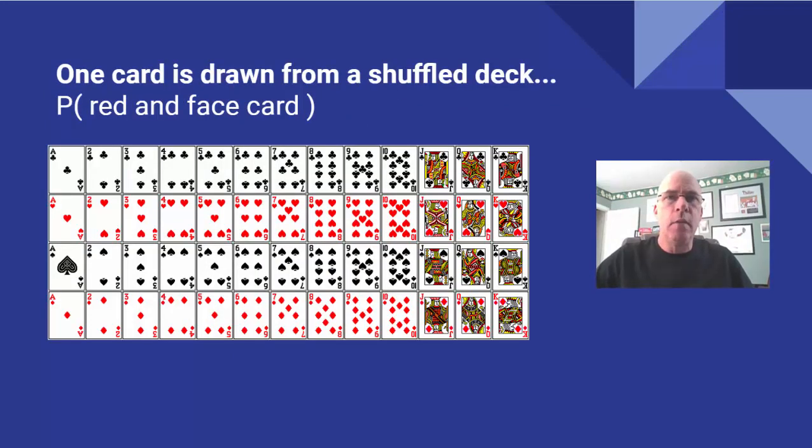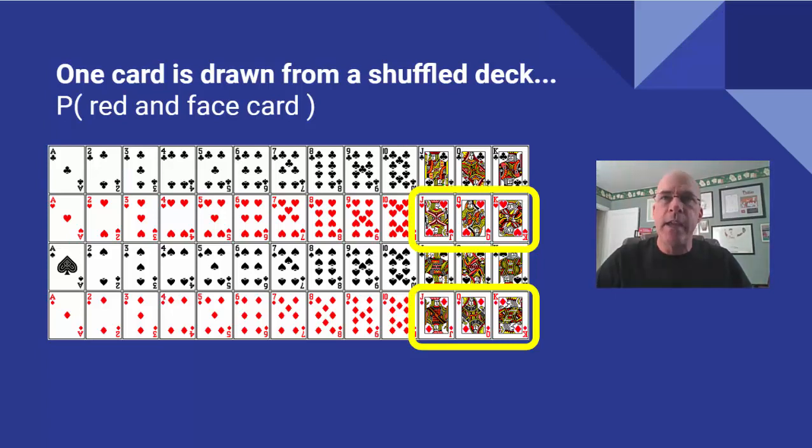Let's take a look at one card being drawn from a shuffled deck. I would like the probability of a red and a face card. So right away, I can draw on my sample space of 52 cards. I'm only circling the cards that are both red and face cards. Notice I haven't circled the 5 of diamonds because even though the 5 of diamonds is a red card, it's not a face card.